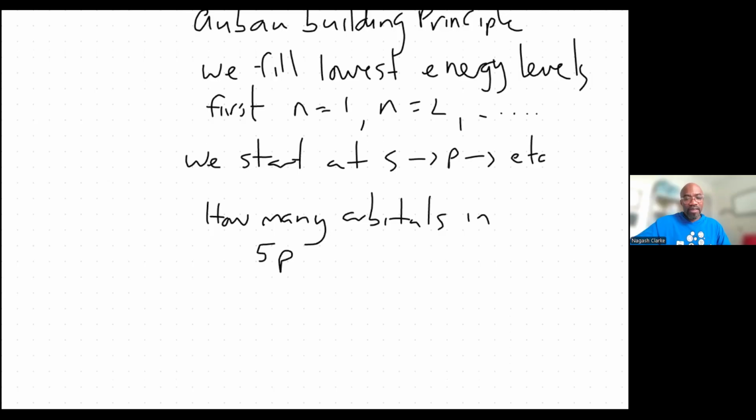No, that's the n value. That's the energy level. So we're on the 5th floor, if you will. What we're trying to see is how many rooms there are on the 5th floor. Since it's P, L is equal to 1, so my m sub l is minus 1, 0, and 1. So I have 3 orbitals.